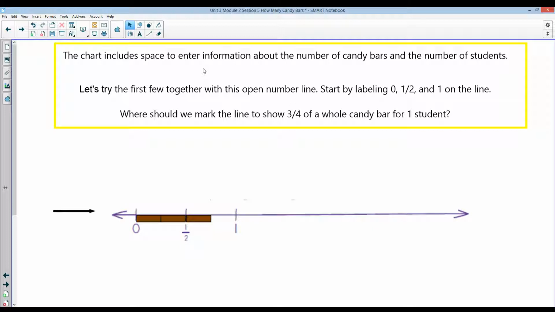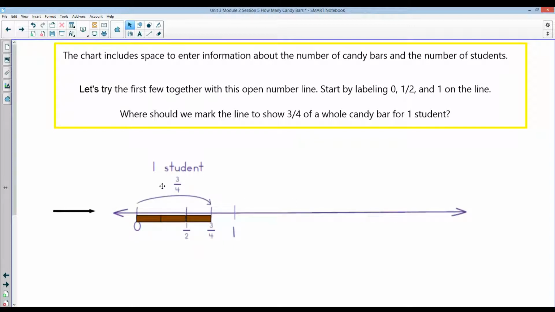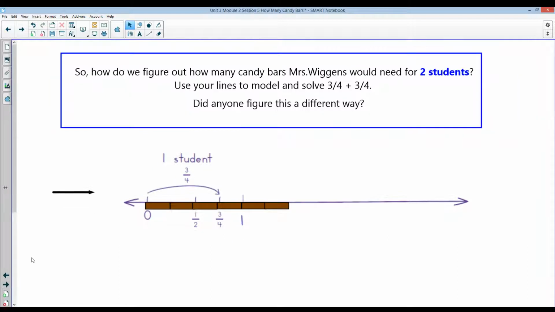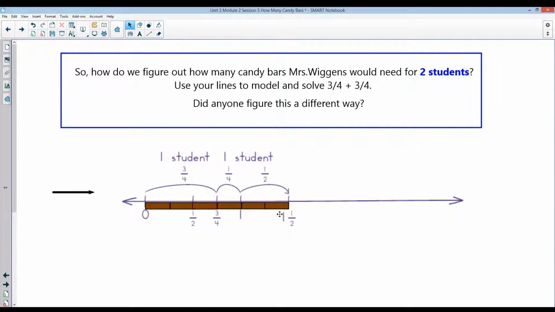Now, number lines are great for this to add them up. So we could do something like this and say 1 student got 3/4 of a candy bar. That's a great way where we could start. Now with 2, though, we could say 2 would be right up to 1.5 if we kept adding up fourths.